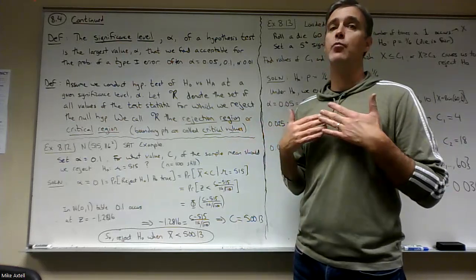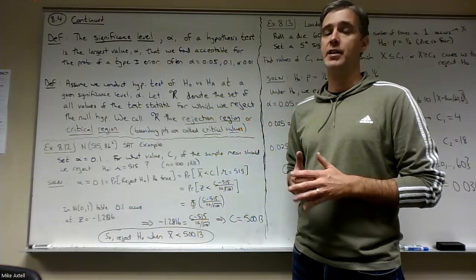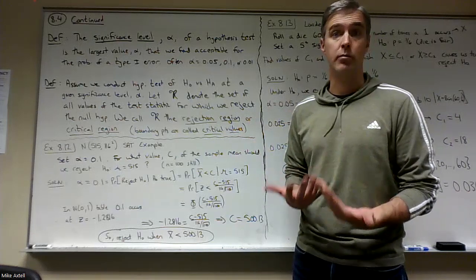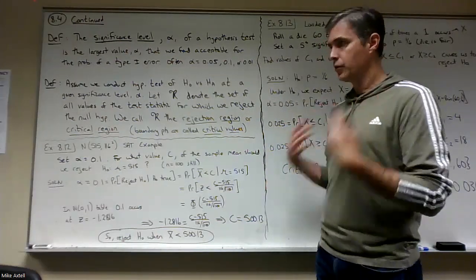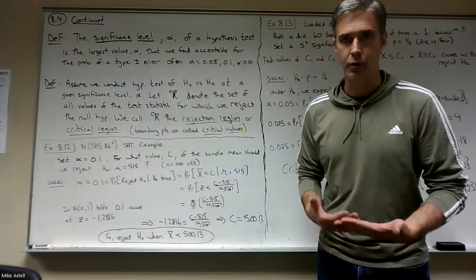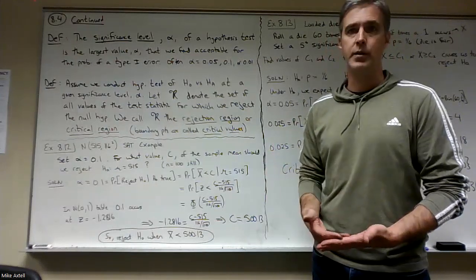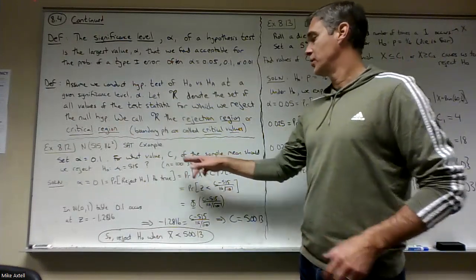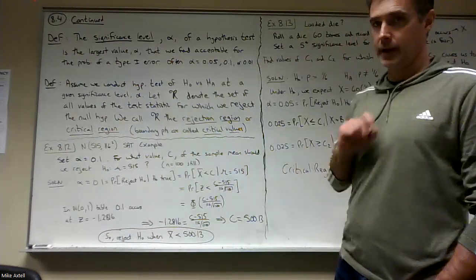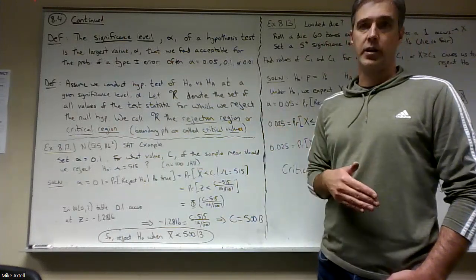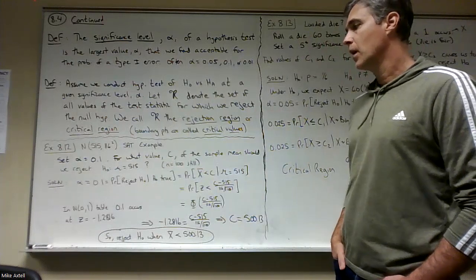They're okay rejecting that notion 10% of the time and instead concluding that their students need more math remediation because they're below average. So the school district is okay with 10% of the time overreacting, perhaps, or reacting inappropriately to what the scores are showing them. We're going to find the value C of the sample mean, again with 100 students sampled, under which we should reject the null hypothesis.